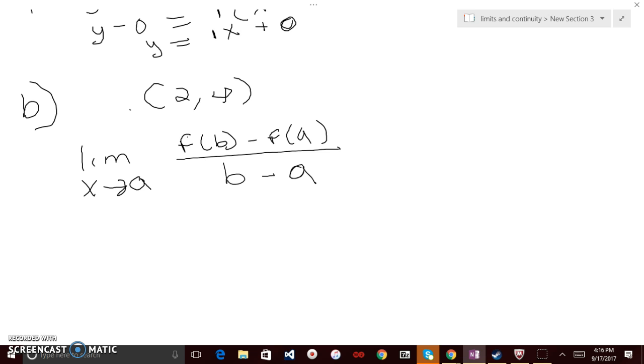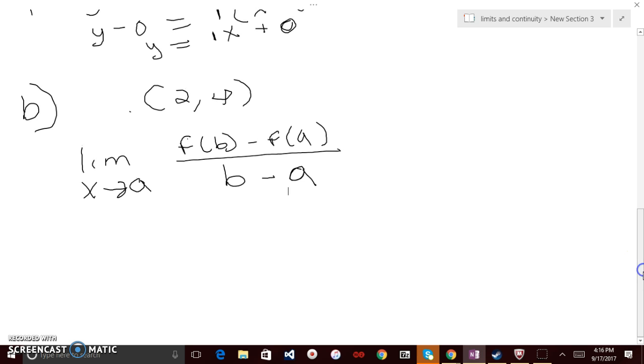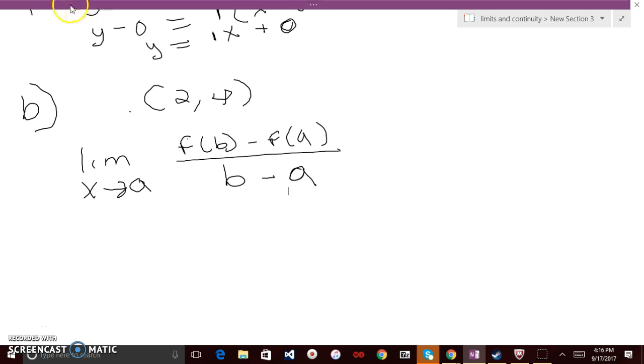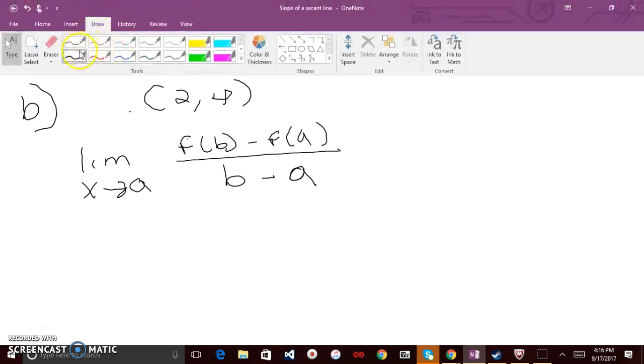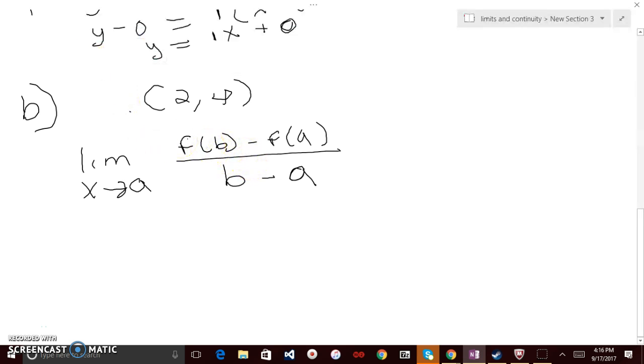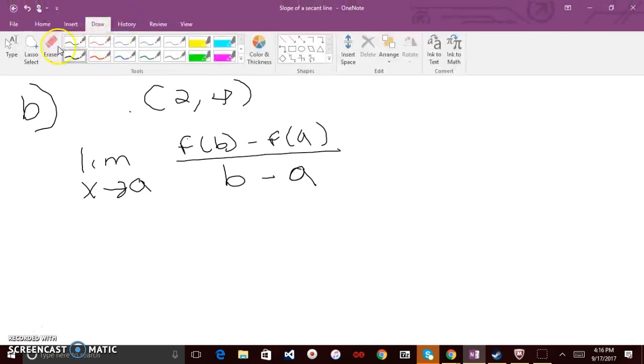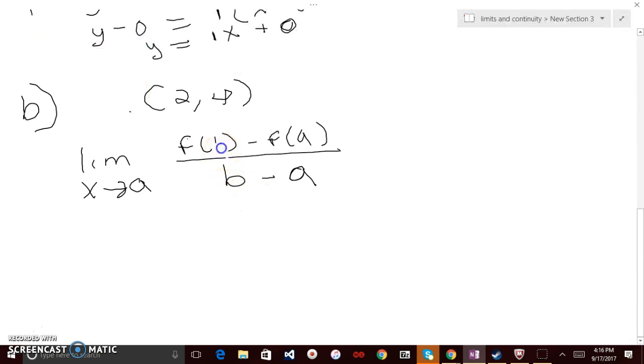So this right here is basically your definition of the limit. Actually, no, I made a mistake, I'm sorry. We're going to replace the b with x. I just realized that doesn't make sense.